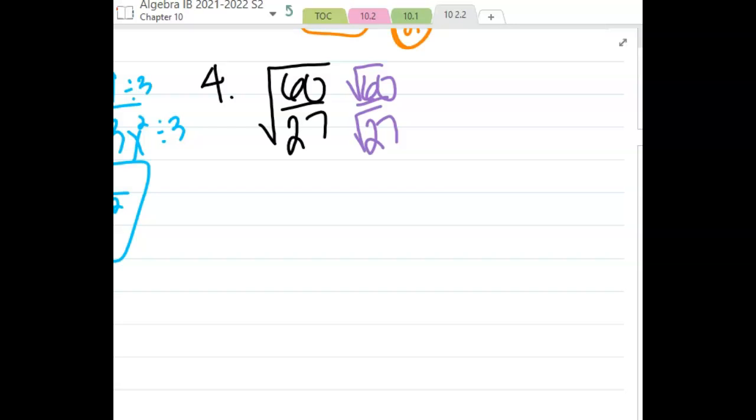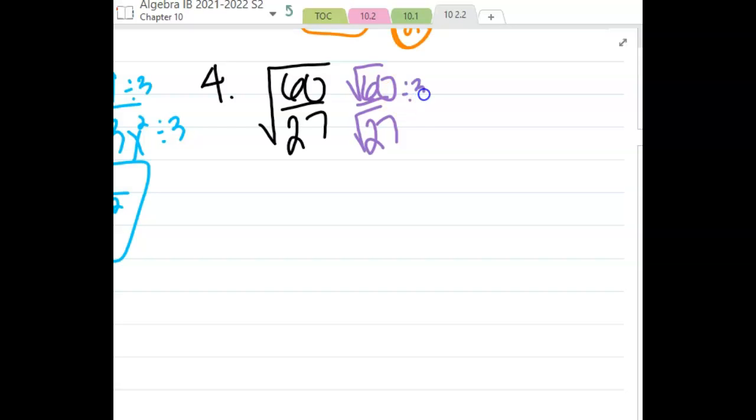So you have a 60 under the radical in the numerator. You have a 27 under the radical in the denominator. They're both under the radical. So if you were to treat this like a fraction, could you simplify 60 over 27? What do they both have in common? 3.